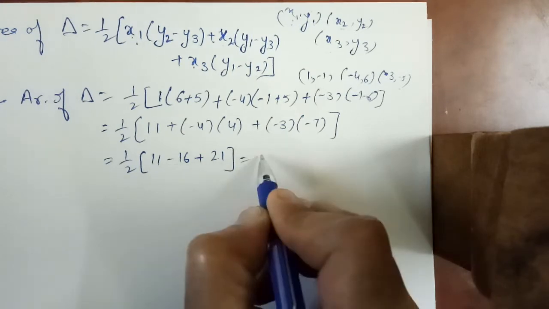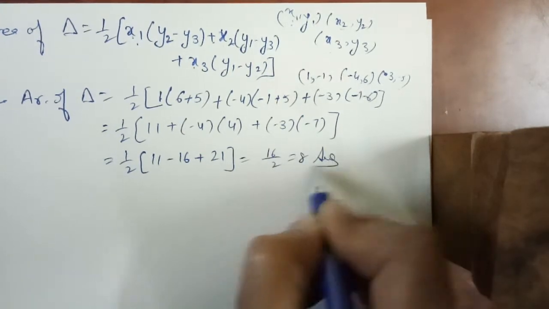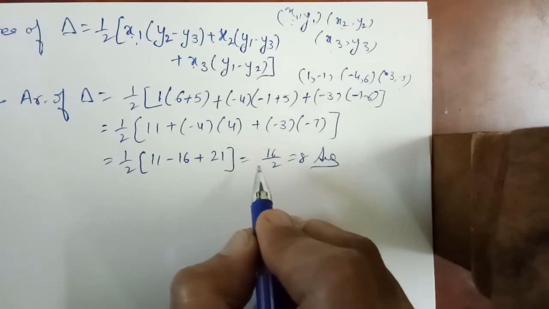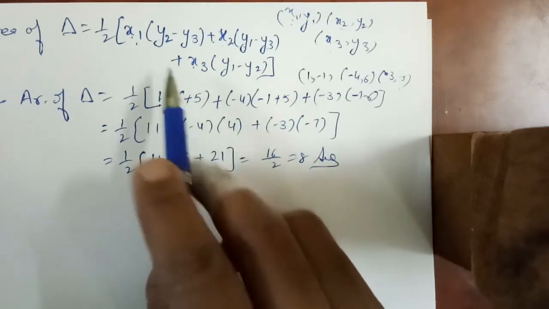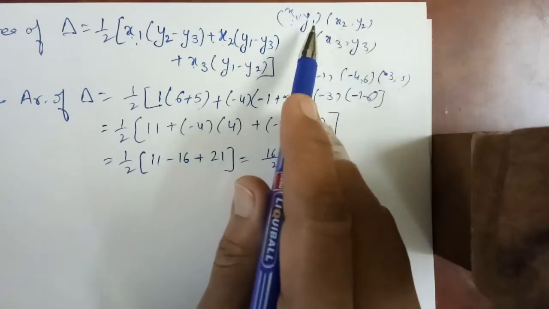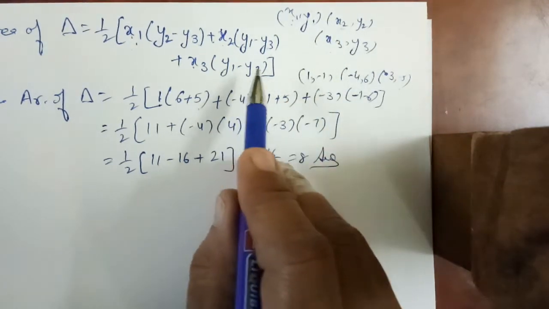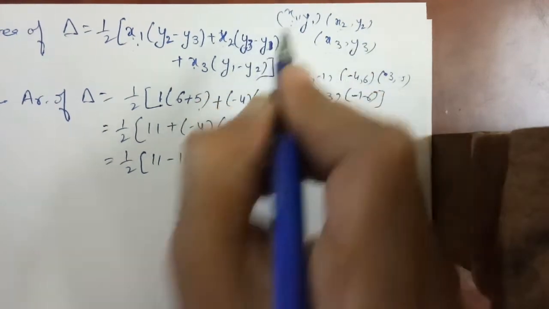It will be 5 and 11, 16. 16 by 2 is 8. And the answer is 24 square units. x1 (y2 minus y3) plus x2 (y3 minus y1), adjust y3 minus y1.